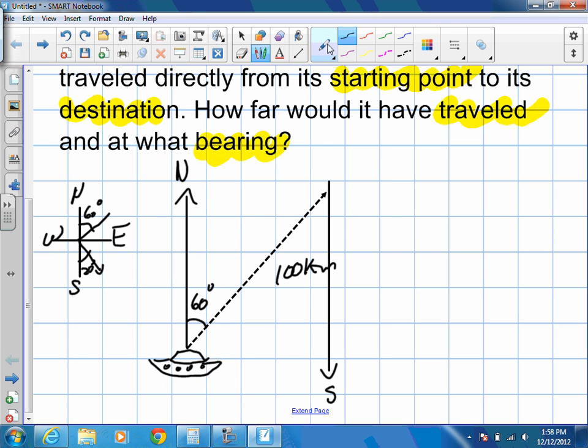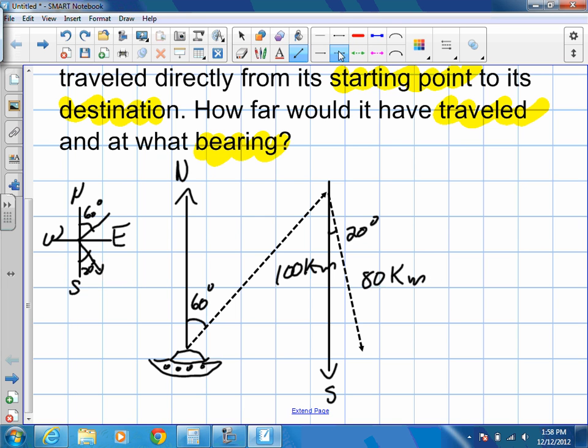So in other words, this ship then turns and flies at an angle like this. It's not as pronounced of an angle. This is 20 degrees, okay? And it's 80 kilometers.